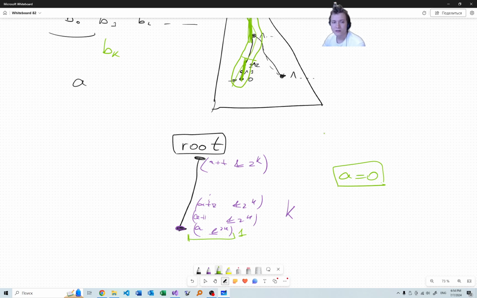Then I need to find some piece of path where it's still 1. Then it becomes 0. And I just apply here this function.